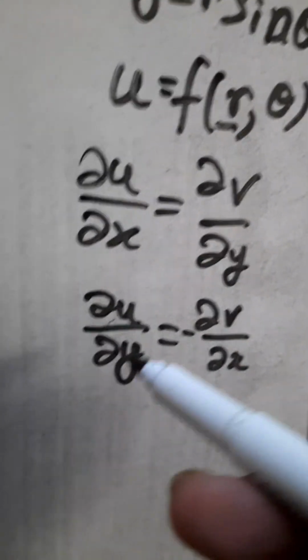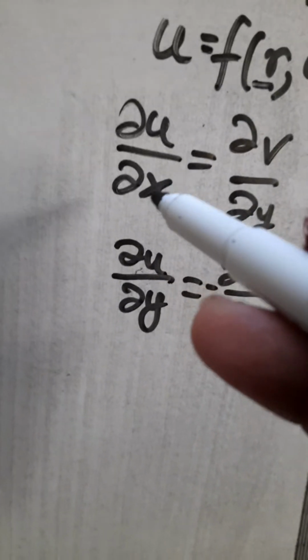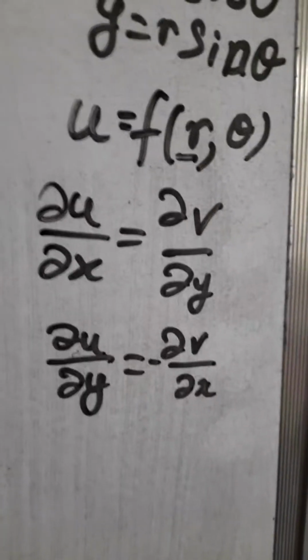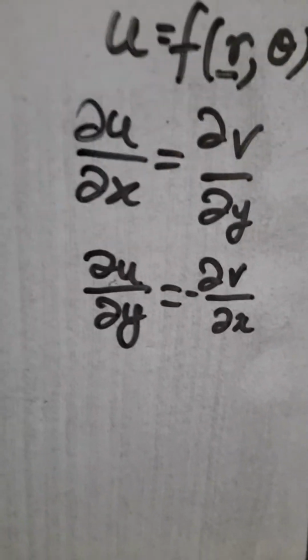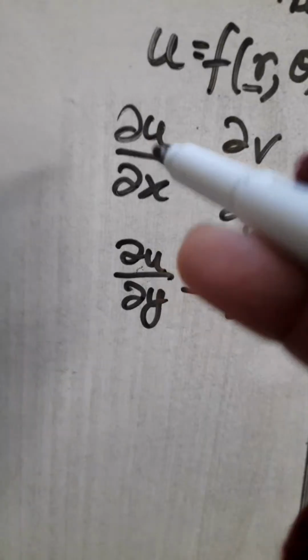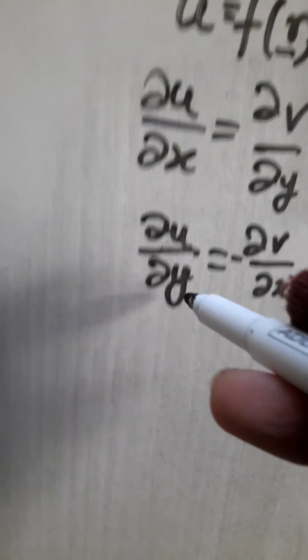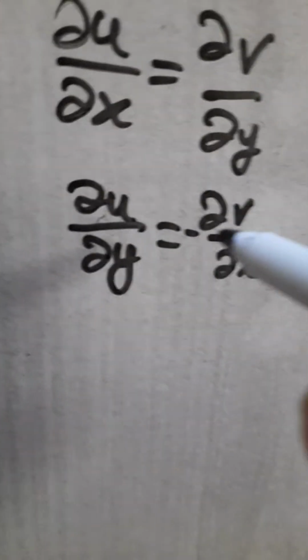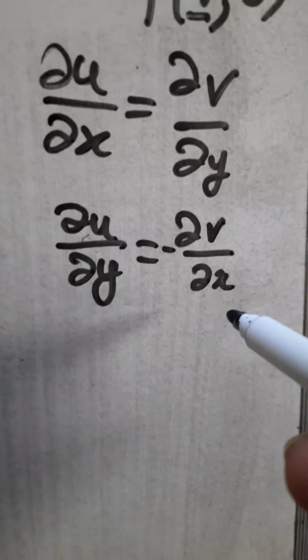But now we can exchange the denominators. Del y comes here, del x goes there. Now they are unrelated because this is the second function in u, and in f of z, u is the first function, so they are not related. So you take the derivative equal to, now this is the opposite of what it should be.